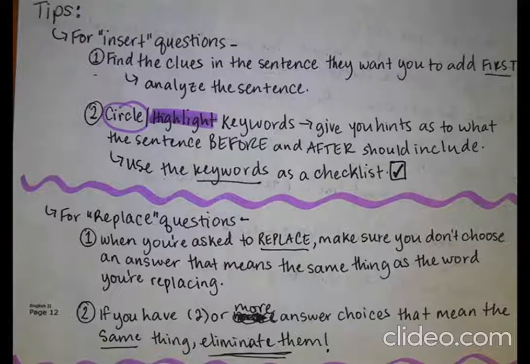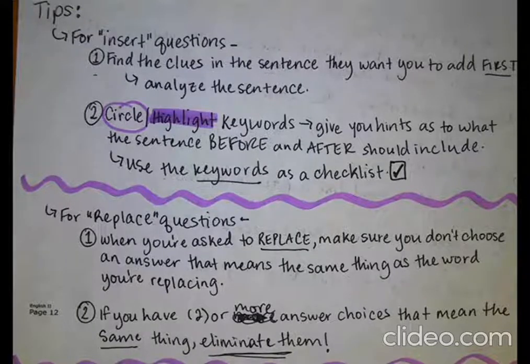So if they give you 2, 3 answer choices that mean the same thing, let's say A and B mean the same thing. If I choose A, that means B can also be right. And if I choose B, that means A can also be right. That can't work. We can only have one right answer. So if you see 2 answers that mean the same thing, don't even worry about them. Just eliminate those because you know that's not going to be your answer. They're just there to trick you. Okay?